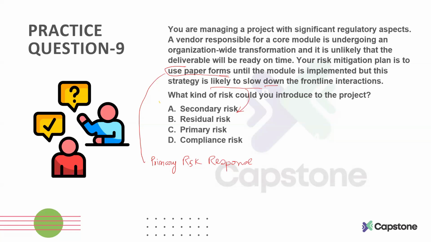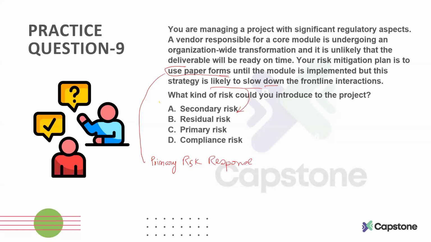Okay, what is a residual risk? A residual risk is the risk that will still remain after implementing all your risk responses. And for residual risk, you generally do not have any risk response plans associated with it. Okay. So, why is secondary risk the right answer here?